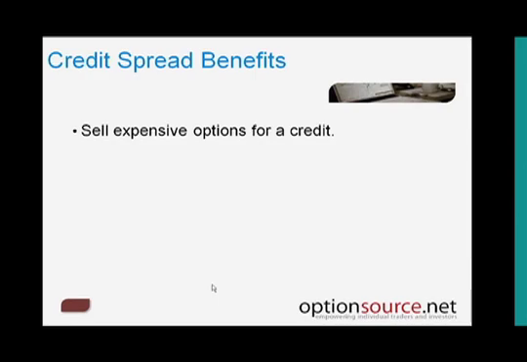So, without any further ado, let's take a look at some of the benefits of implementing credit spreads. Well, first of all, Steve essentially mentioned at the beginning that as volatility expands in the market, we see an increase in price for options, and of course that's reflecting the risk in taking the other side of that particular options position.